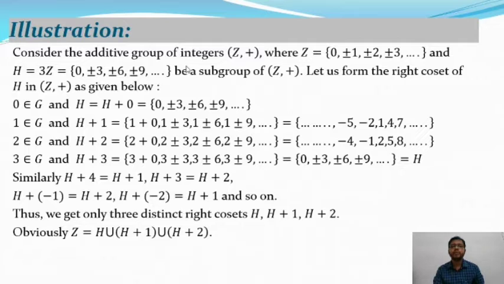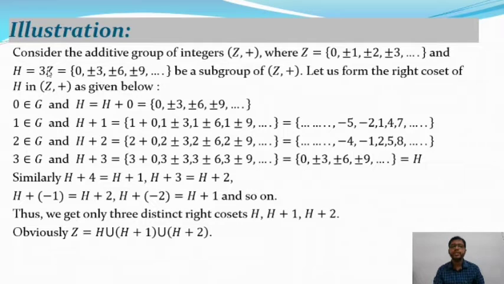Consider the additive group of integers (Z, +), where Z is the set of integers and plus is the binary operation. The elements of Z are 0, plus minus 1, plus minus 2, plus minus 3, and up to infinity. And H is a subset of Z; let H equal 3Z, the multiples of 3 of integers.